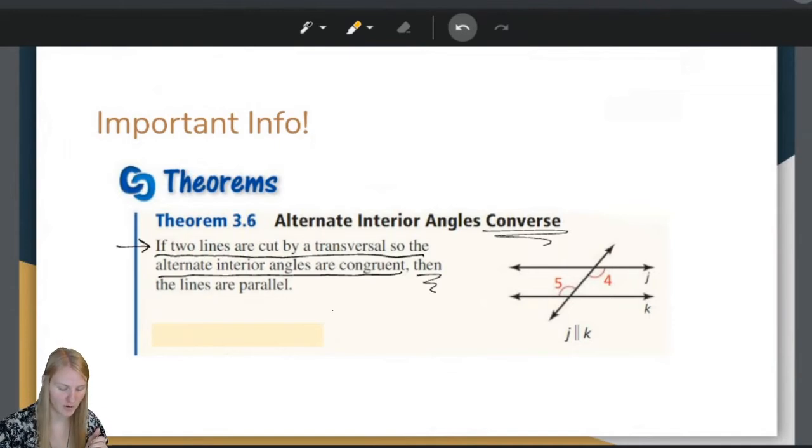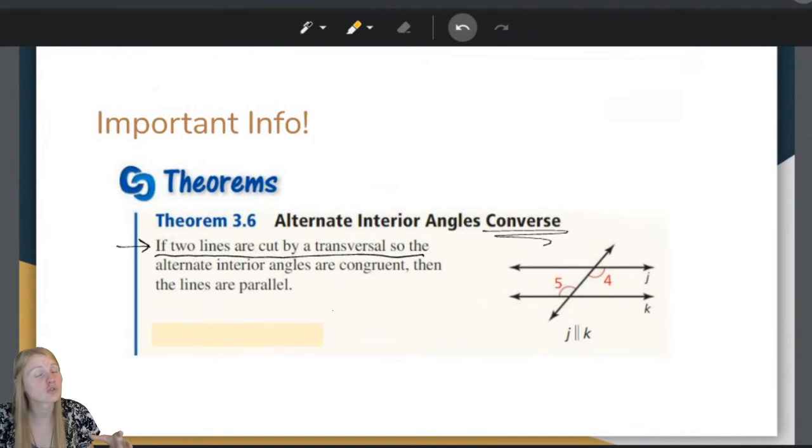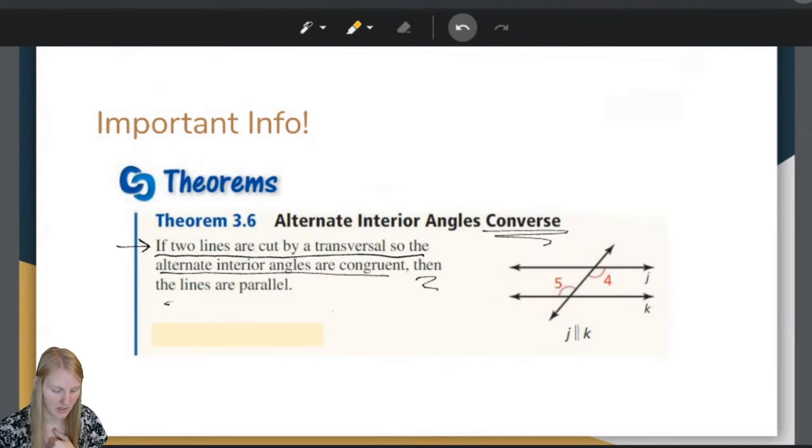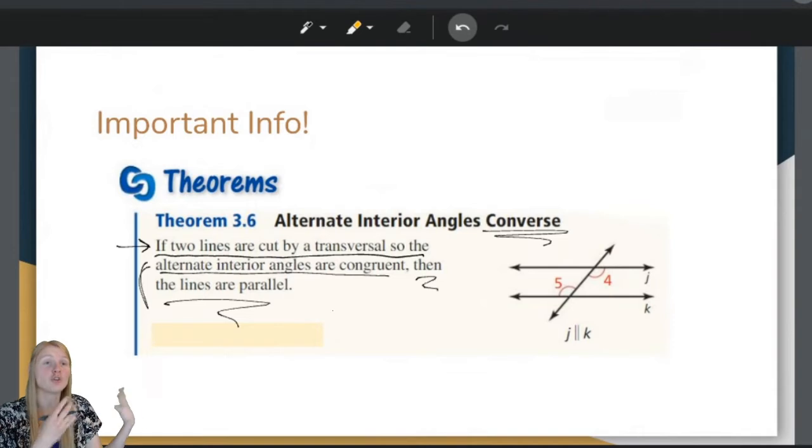So each of our theorems today will start with, if the two lines are cut by the transversal, so the alternate interior angles are congruent, then the lines are parallel. This part will be different for each theorem. But because it is the alternate interior angles converse, we're talking about alternate interior angles.